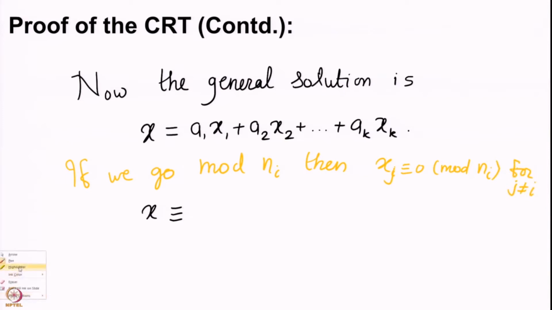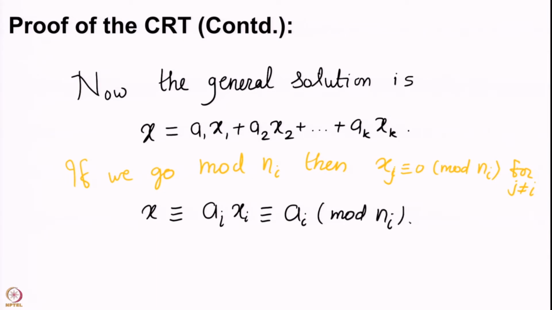So, the only thing which survives in this is ai xi, which is congruent to ai, because xi is now 1 mod ni. So, this is our solution to the general system of the simultaneous linear congruences.